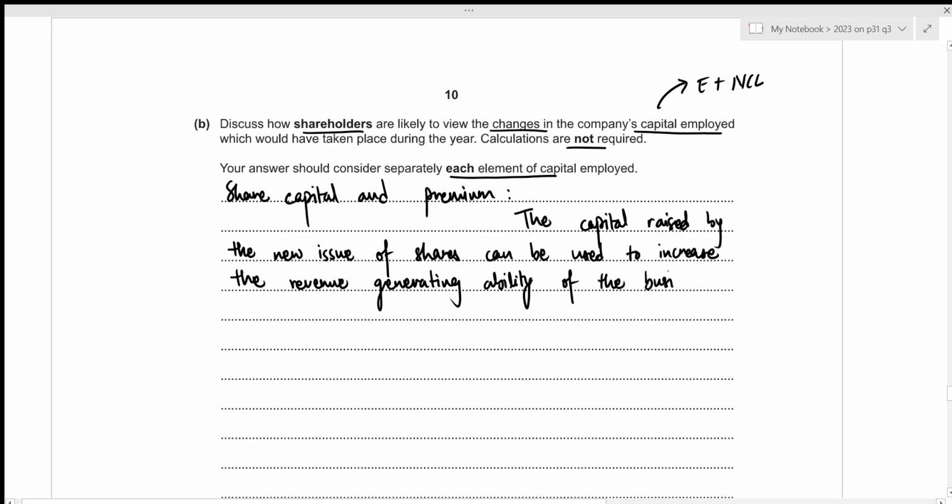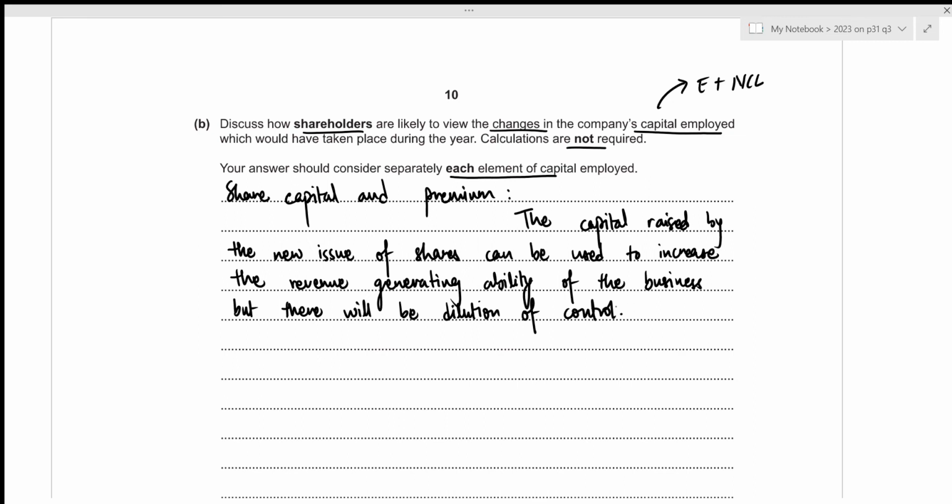And remember, shareholders will always be concerned with the revenue generating ability, since they will get dividends out of the profit, right? So higher the revenue, higher the profit, higher the dividend. But there will be dilution of control. That's all for the first element.